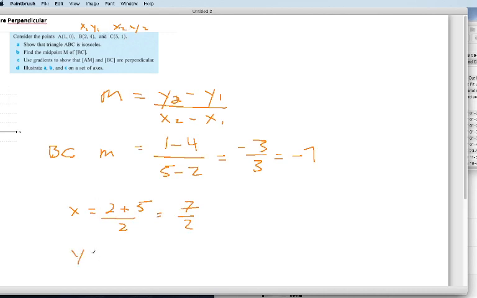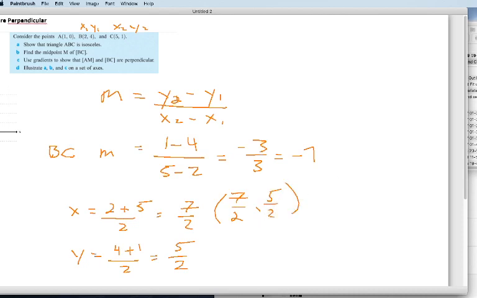And then the y midpoint is the sum of the y's divided by 2, 4 plus 1 divided by 2, and that gives us 5 over 2. And then in this case, we have our point. So we have a gradient of negative 1 between BC and our midpoint, which is 7 over 2, 5 over 2. So that's the midpoint of BC.